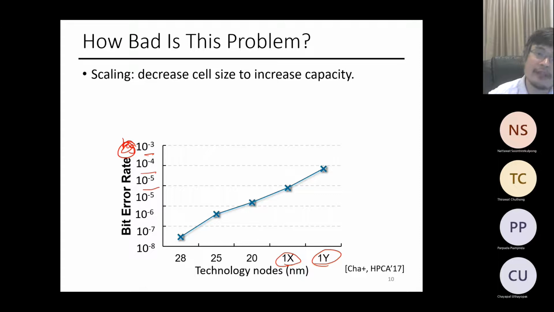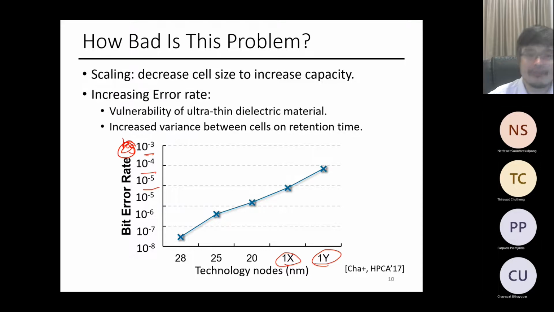As you decrease the cell size, you increase the capacity of your DRAM, but you also increase the error rate, because the material that you use to build DRAM gets thinner and thinner. You also have increased variance in the cell retention time.